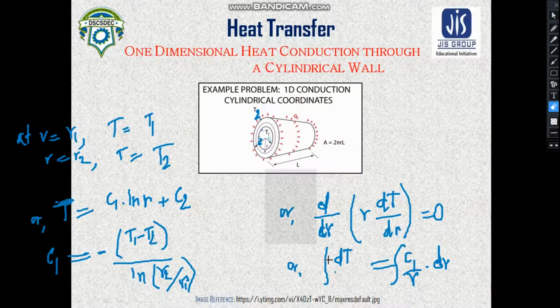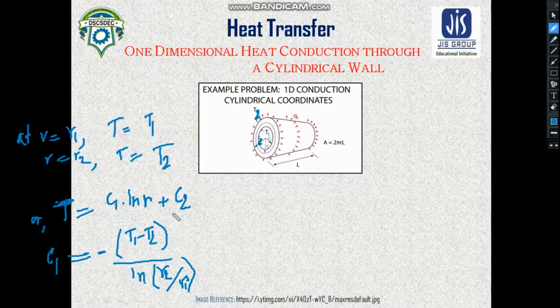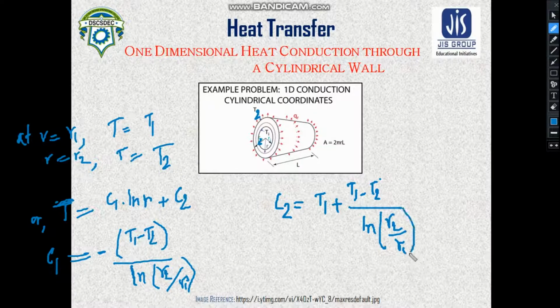And you will find that C2 will become T1 plus T1 minus T2 divided by ln r2 by r1 into, I'm sorry, it will be ln r1.